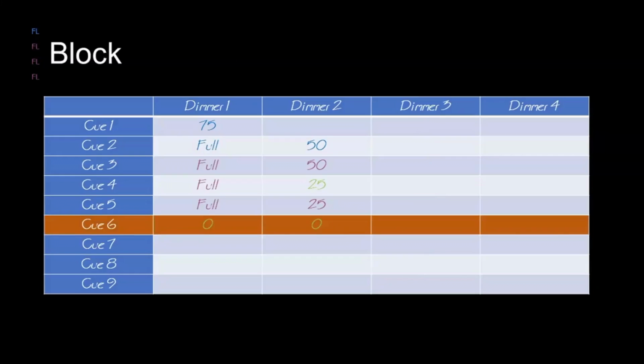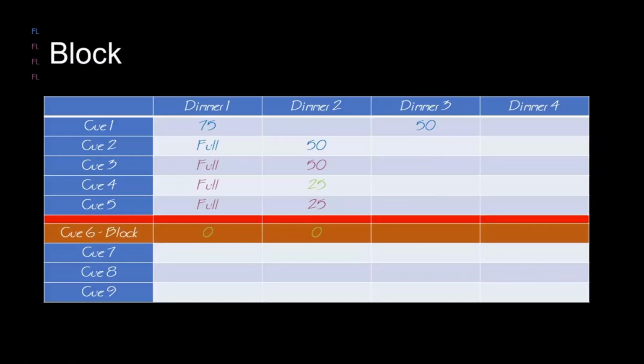So when we block a cue, what we're actually doing is putting a little roof on the cue, right? So if Q6 is blocked, there's a little roof above Q6 that says nothing else is allowed to come in from above. That's a tracked value, right? I'm going to preserve everything that's in my queue right now, right? So those happen to be zeros for dimmers 1 and dimmer 2.